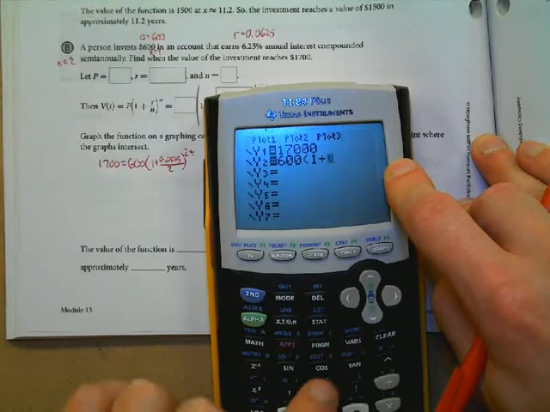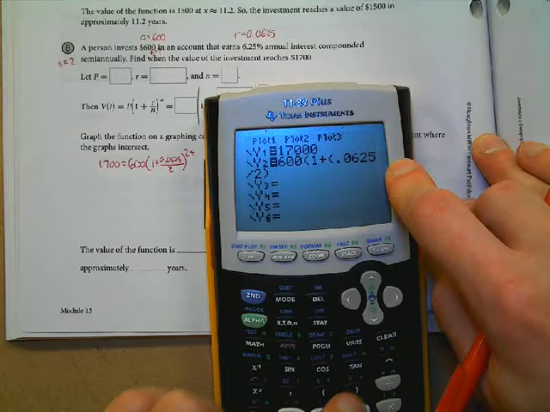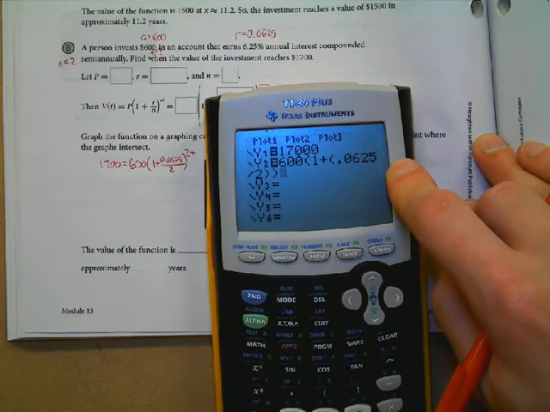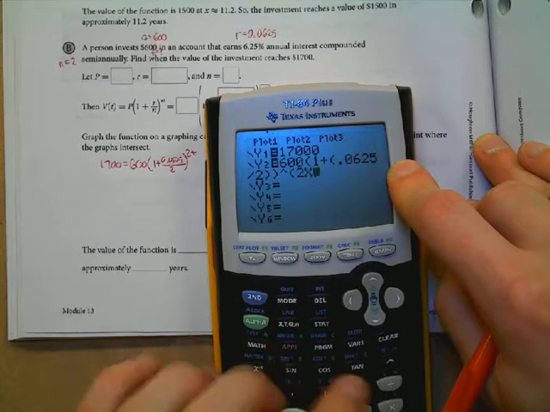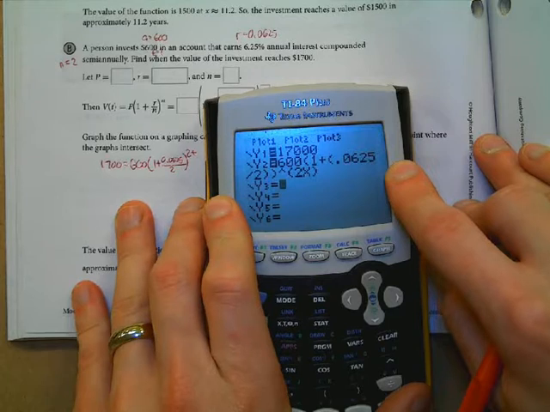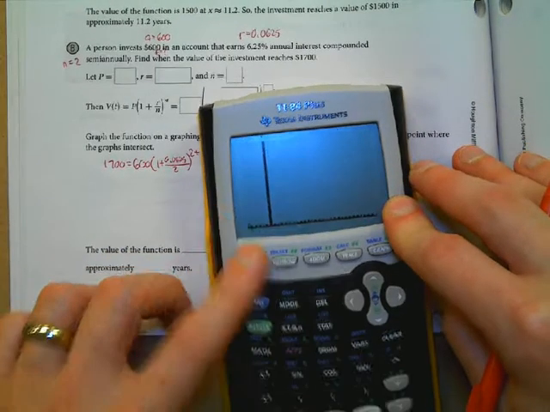I have one too many zeros there. There we go. Okay, there's 1,700. Now we have our point of intersection. So second trace, intersect, 16.9, so almost 17 years.